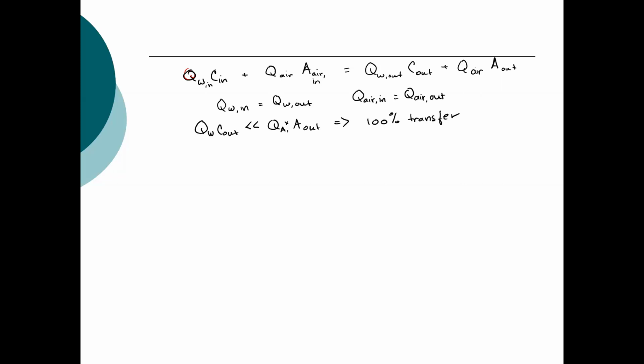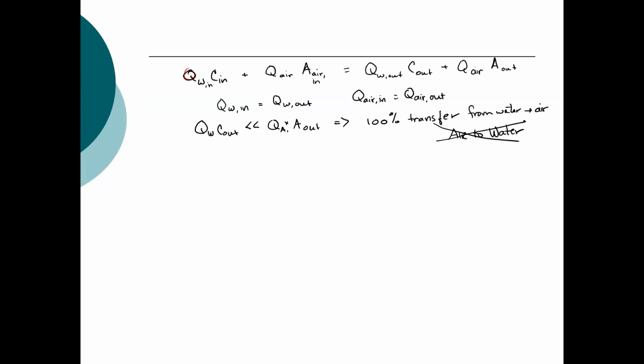What's important to recognize is that this equation here is transfer from the water to the air. The approach that we're using here cannot be used for air to water. The assumptions are different. So because of that, the approach can only be used from water to air. It's important to recognize that.